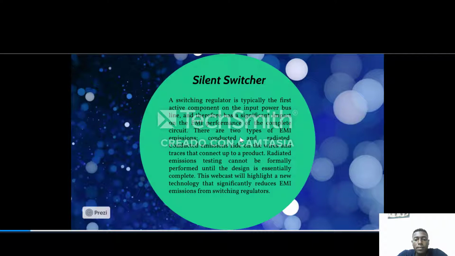There are two types of EMI emissions, conducted and radiated. Conducted emissions ride on the wire and trace that connect up to a product. Radiated emissions testing cannot be formally performed until the design is essentially complete.